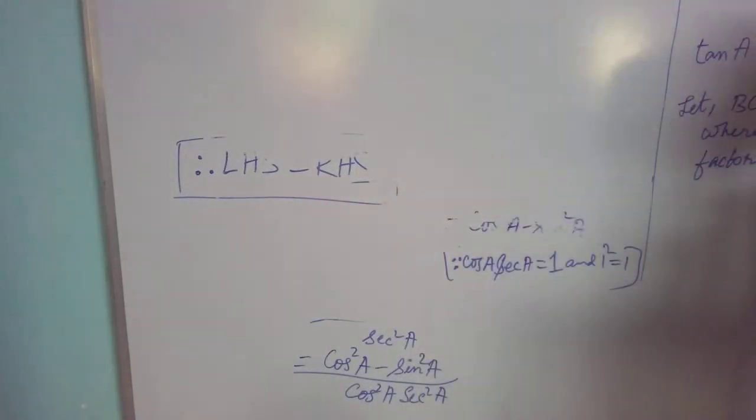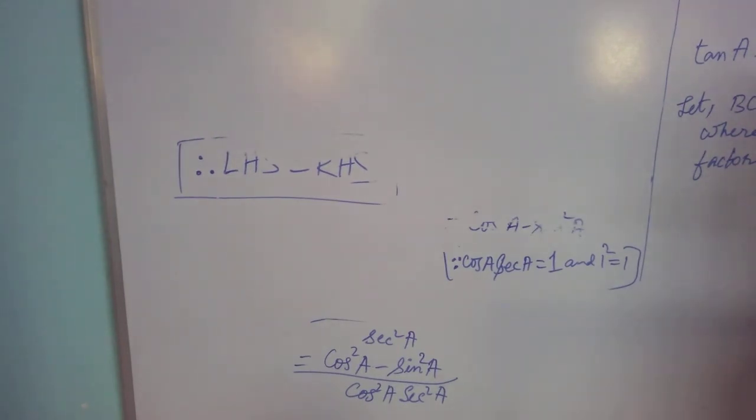Now we will find out the hypotenuse. This side, AC square, will be 3k the whole square plus k square, that is equal to 9k square plus k square, that is equal to 10k square.